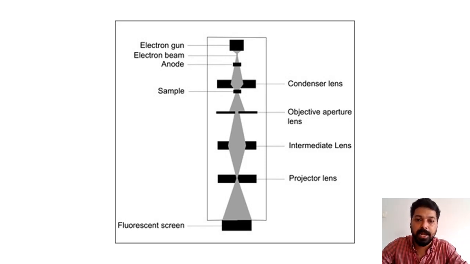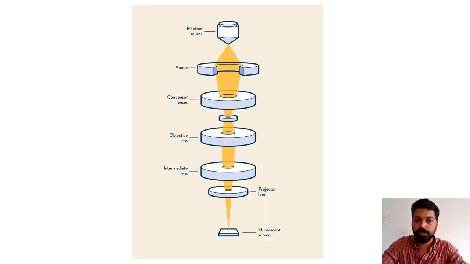So there is a cathode, and there is an anode also. These electrons are then focused through lenses, like condenser lenses, and made to fall on a sample. You can use this picture for more clarification.